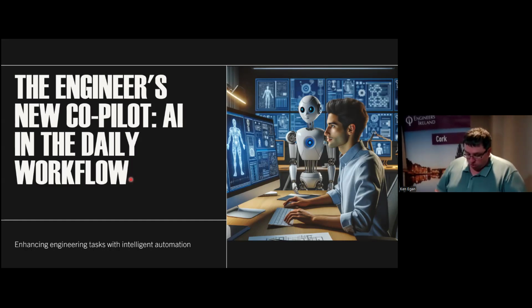Engineering firms that are using these, I have some figures here, are seeing remarkable results with 25 to 30% reduction in routine task times and 15 to 20% improvement in project delivery timelines.